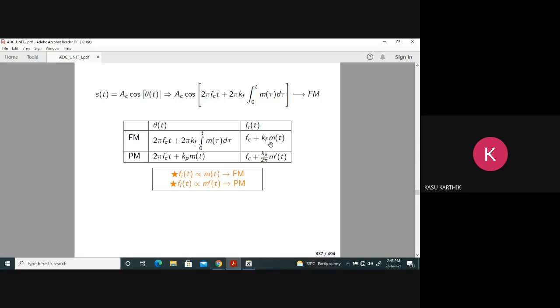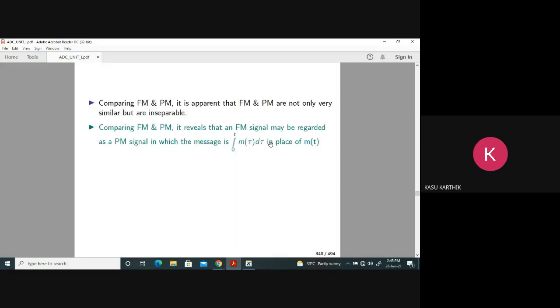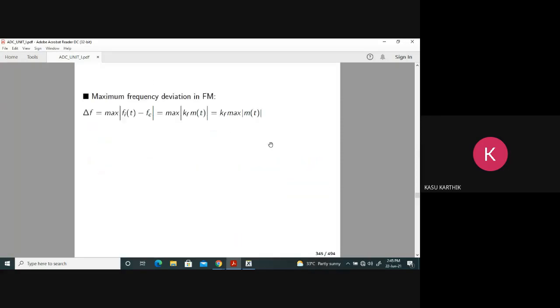So what is Fi of t minus Fc? Kf m of t. So it is Kf times the maximum of mod m of t. It is called the peak frequency deviation or maximum frequency deviation.